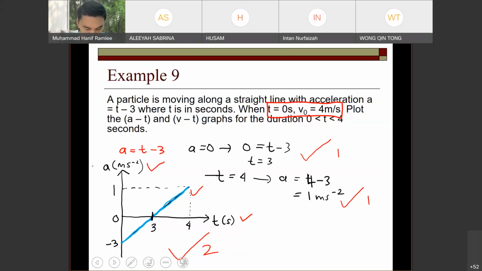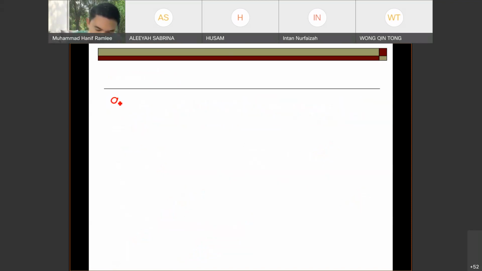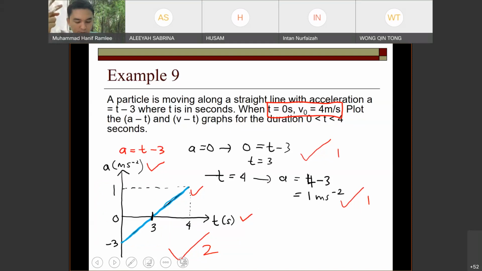Okay, so we have this formula, this equation, at the beginning. In order to get V from here, there are two ways to develop the graph. The first one is getting the V equation from the A equation.